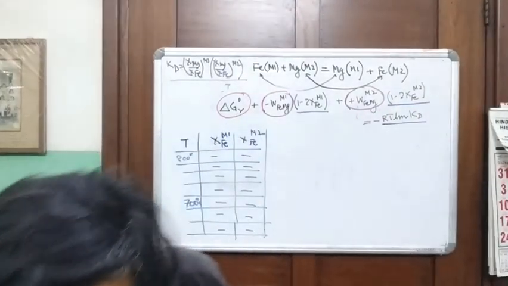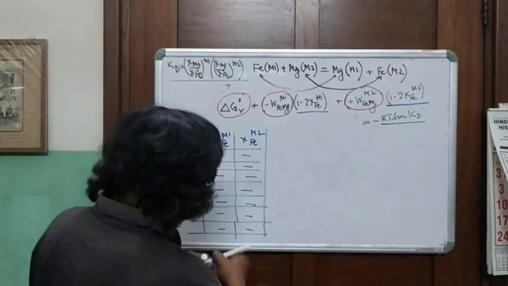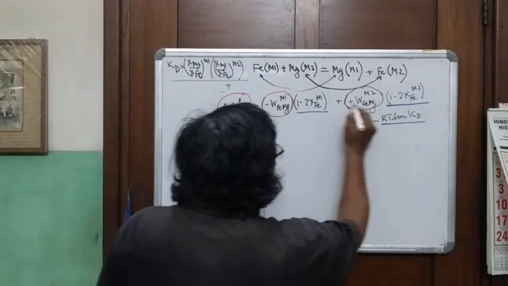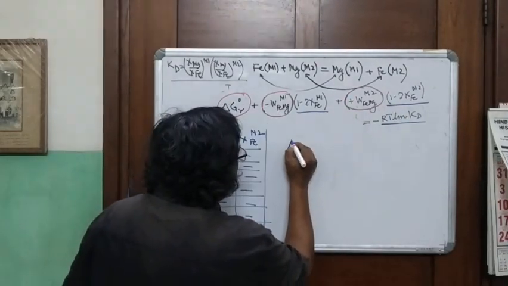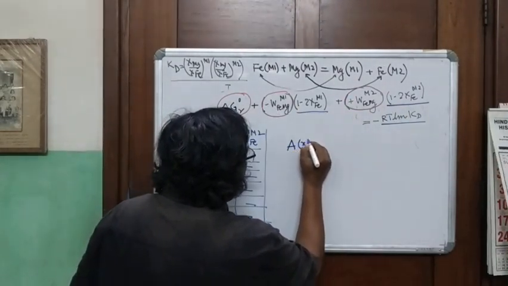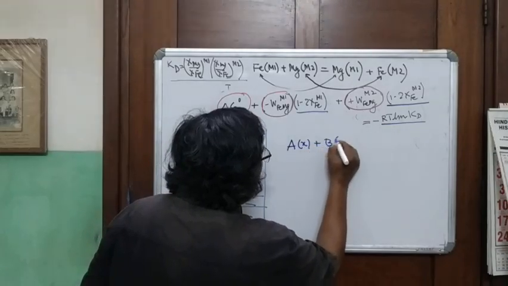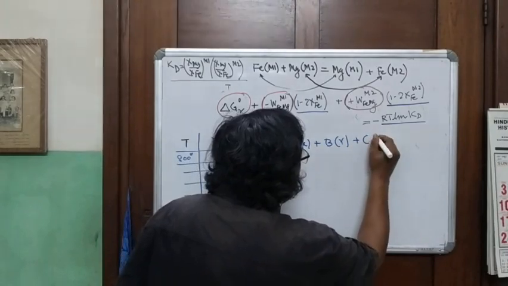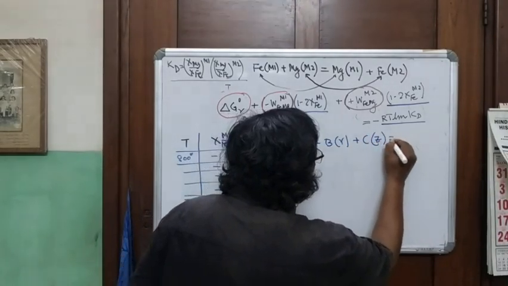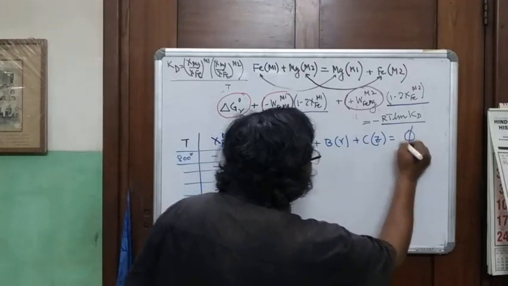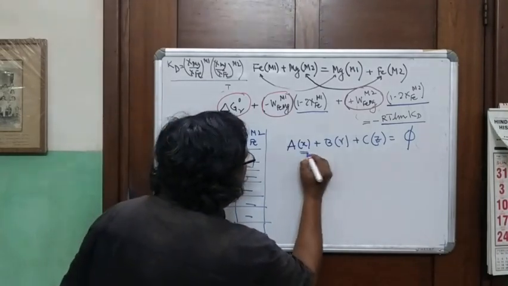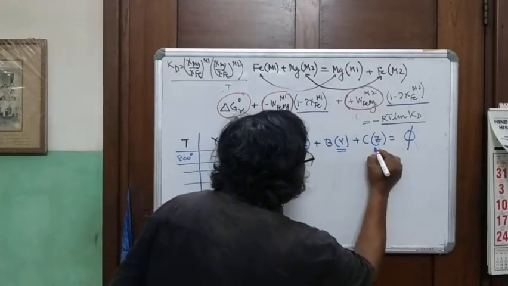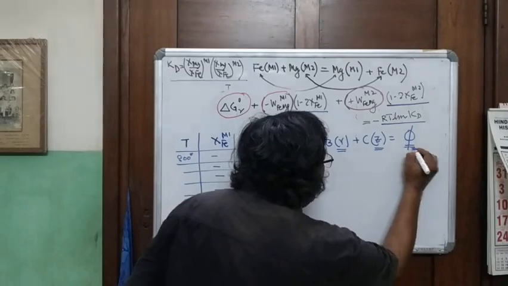So now we come to this expression. We can write AX plus BY plus CZ is equal to phi, where X is known, Y is known, Z is known, and phi is known.